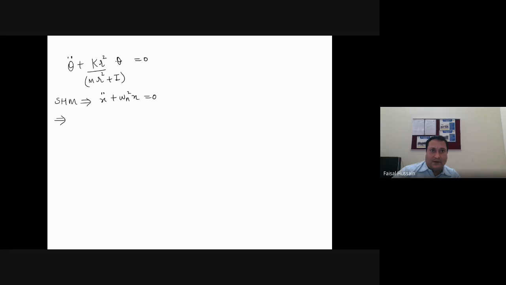So if I compare the coefficient of theta and x, it will be omega n square equal to k r square upon m r square plus I. And omega n will be what? Root of k r square upon m r square plus I.